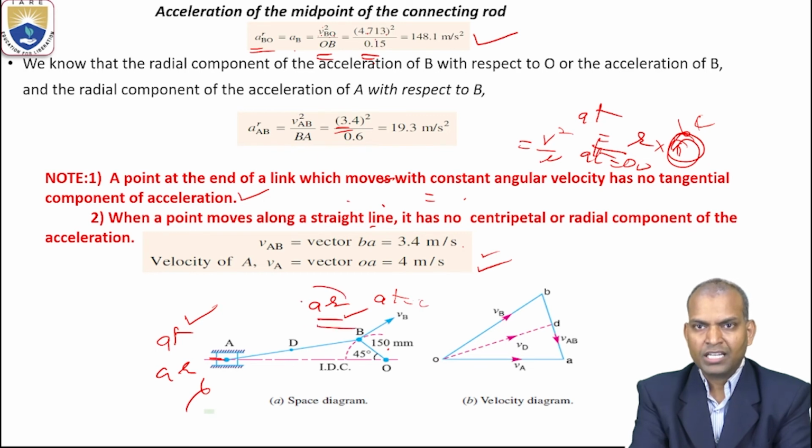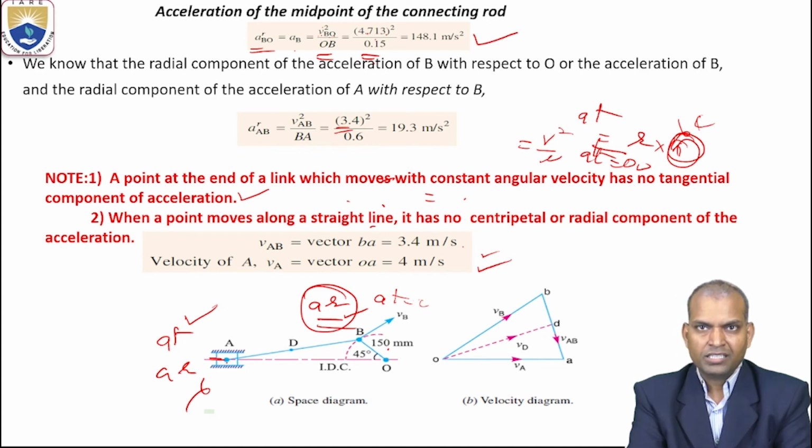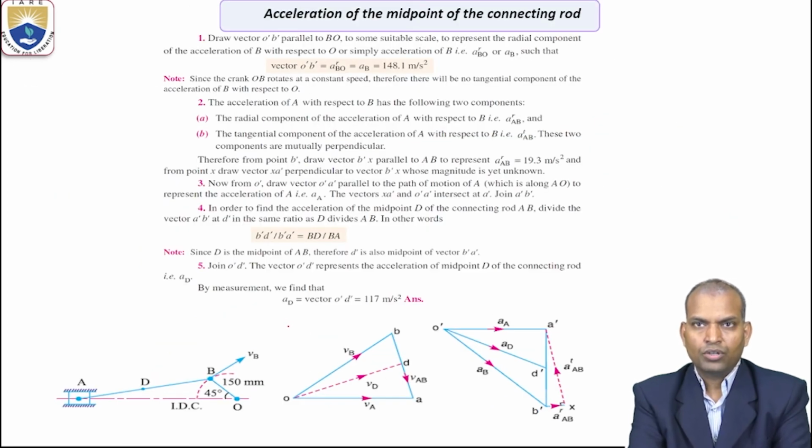Then the total acceleration is only the radial component. Whereas in the case of the slider, there is only the tangential component and the radial component is 0. Then the total acceleration of the slider is the tangential component. So that is the discussion so far.